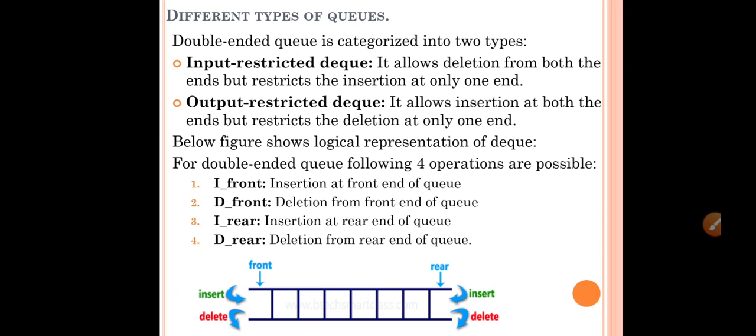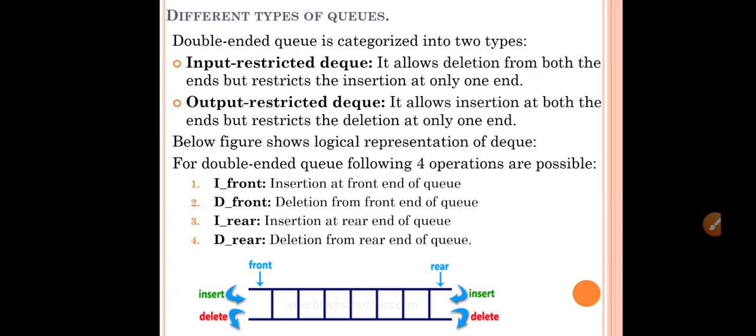Okay, so the double-ended queue is categorized into two types: input restricted DQ and output restricted DQ. Input restricted DQ allows deletion from both the ends but restricts the insertion at only one end. Okay, next one is output restricted DQ. It allows insertion at both the ends but restricts the deletion at only one end.